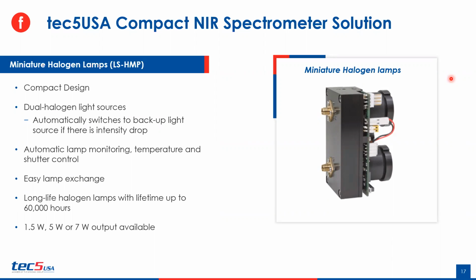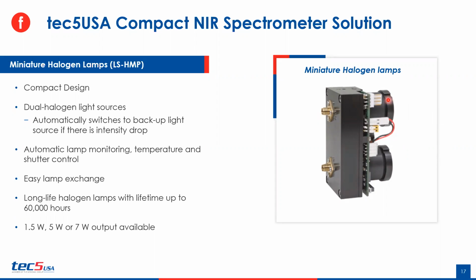I mentioned previously the miniature halogen lamp. This has a very compact design, as all the other portions of the device do. And it's also built, as you can see, with these two dual halogen light sources here. So the functionality of these dual light sources is to automatically switch from one light source to the next if there's any kind of intensity drop.